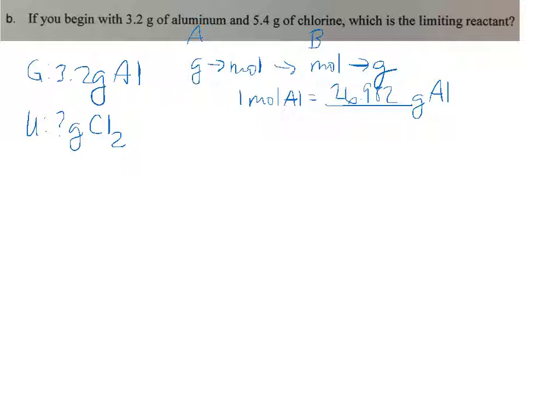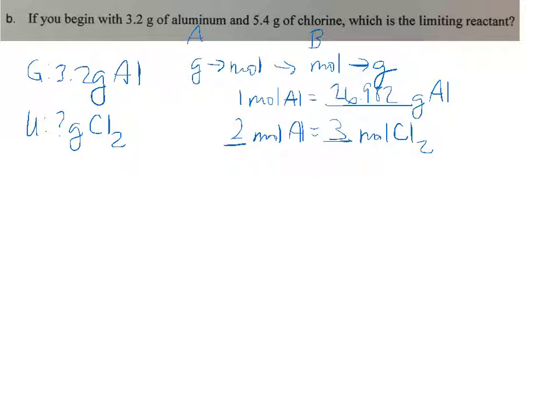So that means from our coefficients that we have 2 moles of aluminum, and that's equal to our blank moles of chlorine gas. And remember, these are just the coefficients in front from the balanced equation. So 2 moles of aluminum for 3 moles of chlorine.